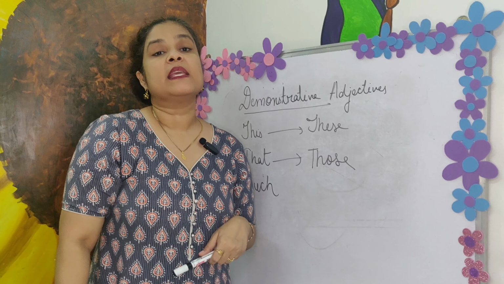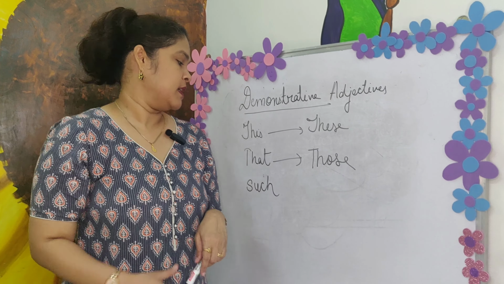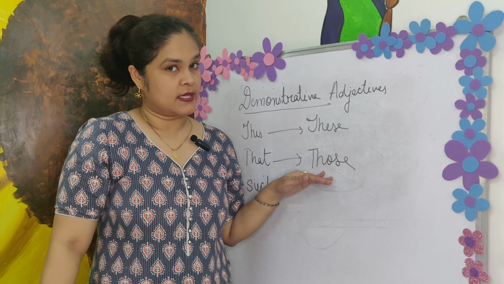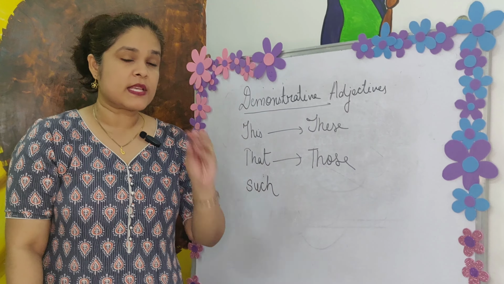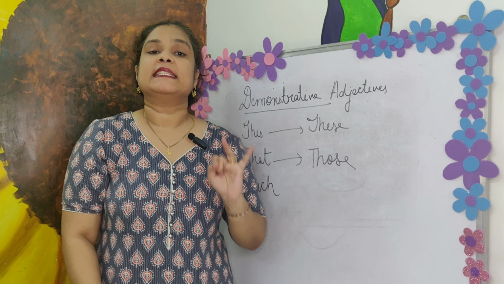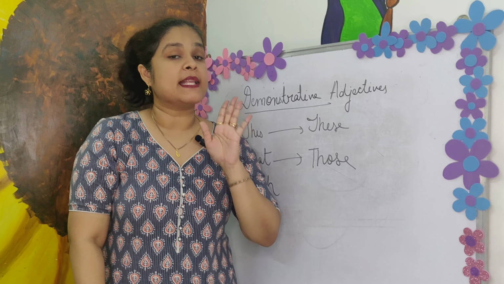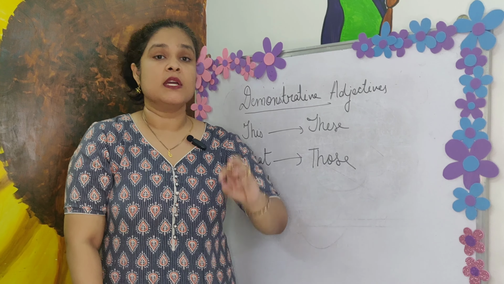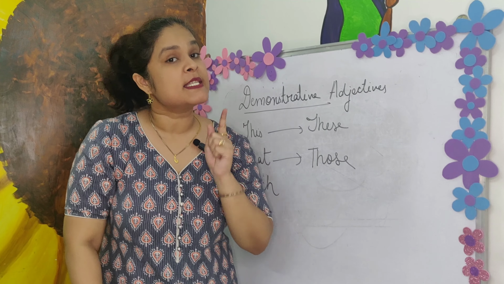This is a pen. These are pens. That is a star. Those are stars. Always remember when you talk about demonstrative: this, that, these, those and such. These are the words which will help you find demonstrative adjectives in a sentence.